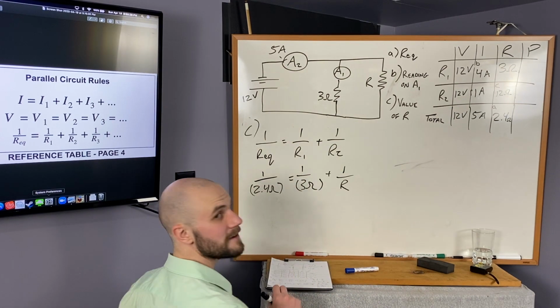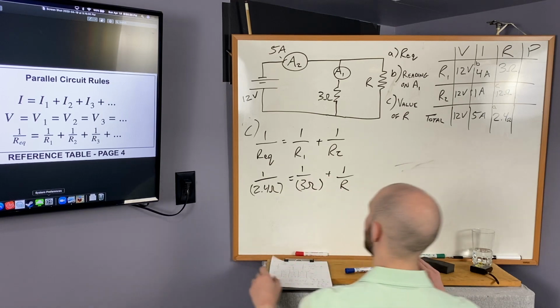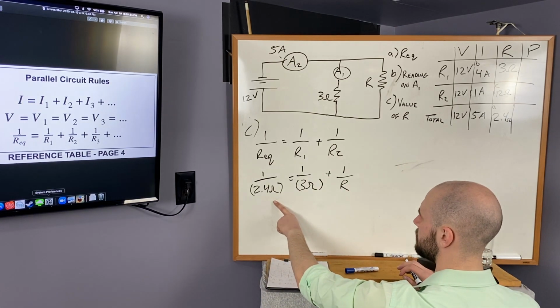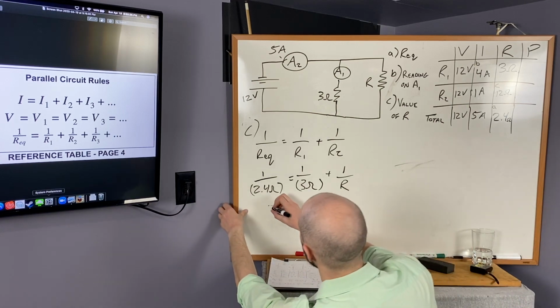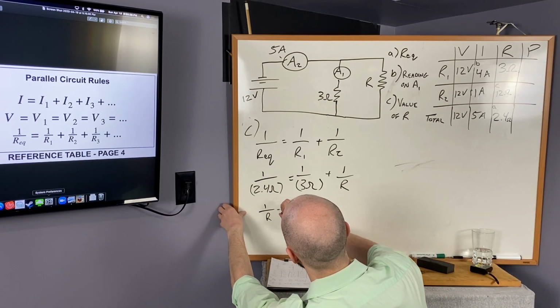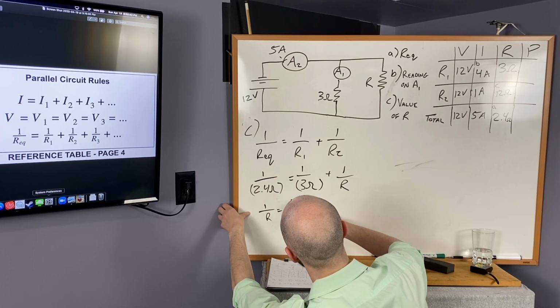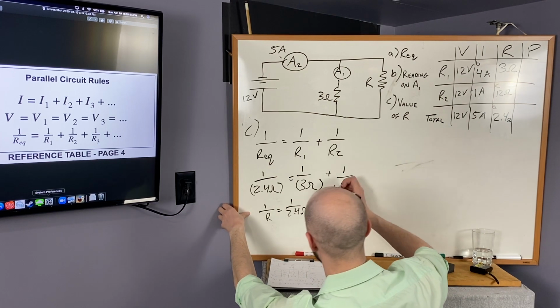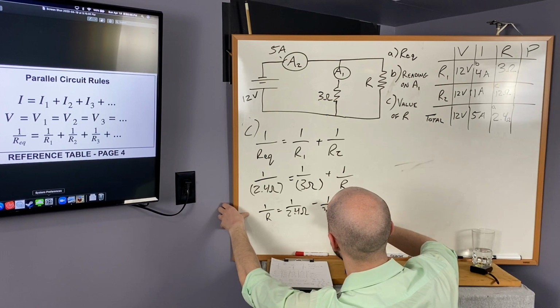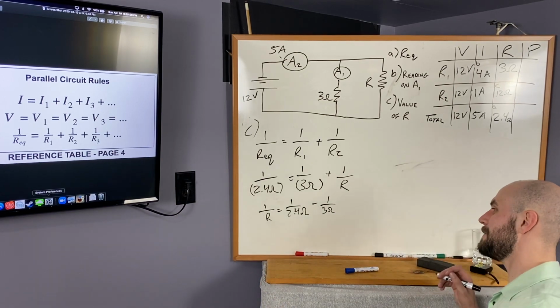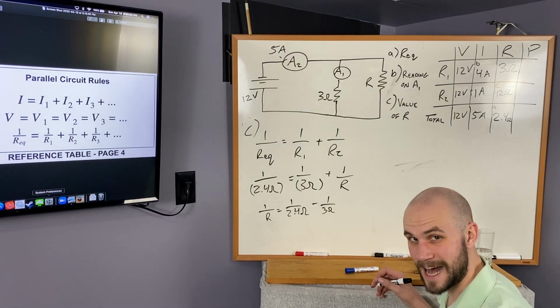Okay, let's solve. What I could do is subtract 1 over 3 and see that 1 over R is equal to 1 over 2.4 ohms, minus 1 over 3 ohms. Okay, well, we have to make these denominators common.